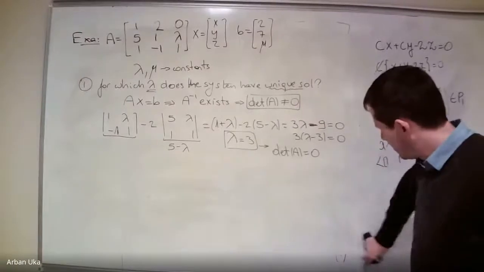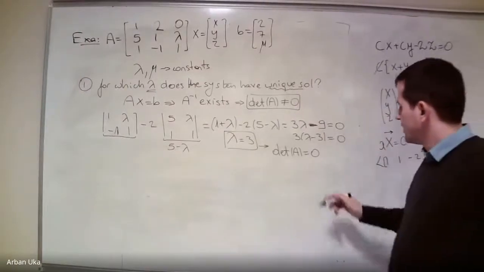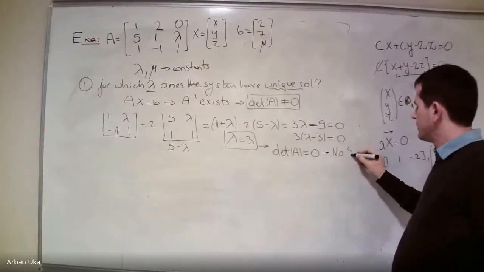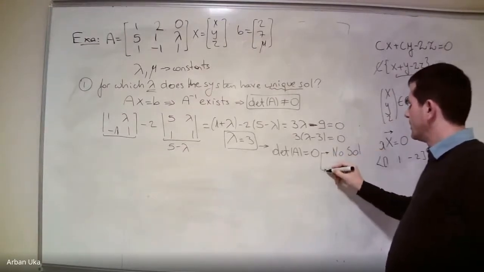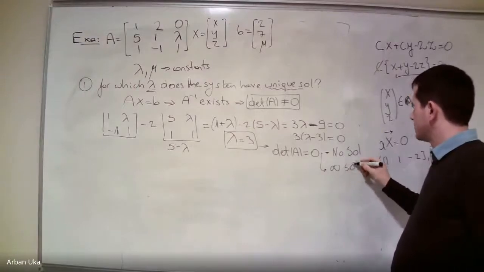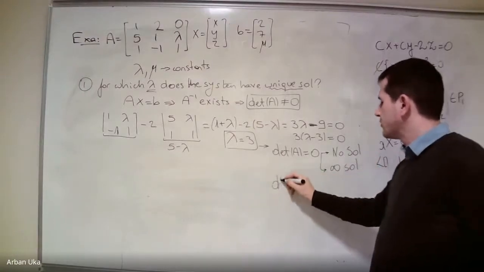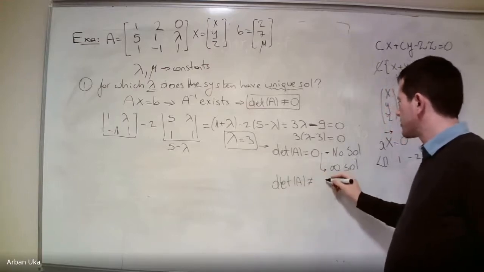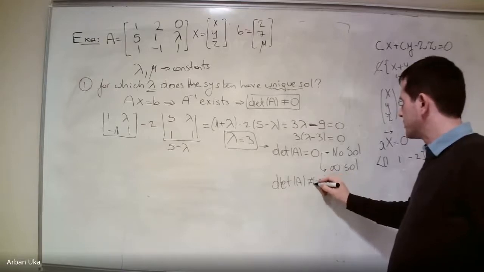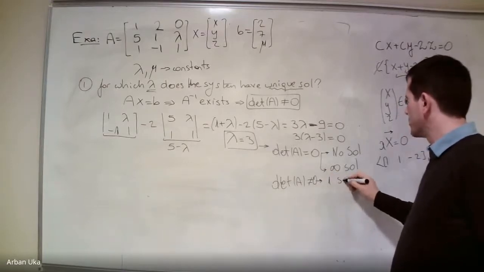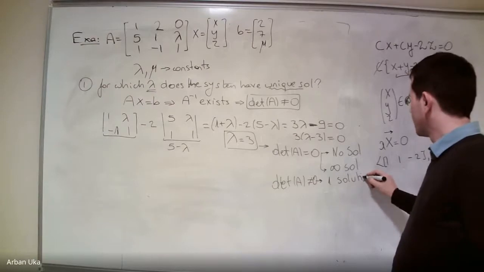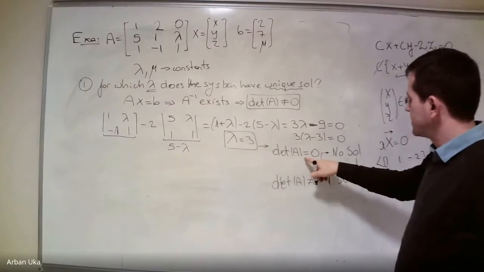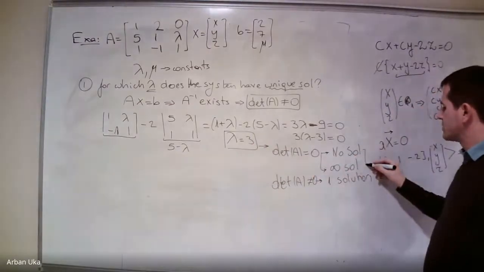As a reminder, when the determinant is equal to 0, we could have no solution, or an infinite number of solutions. Whenever the determinant of A is different from 0, we have the third option, one solution, or a unique solution. So if lambda is 3, the determinant is 0, then we have either one of these two.